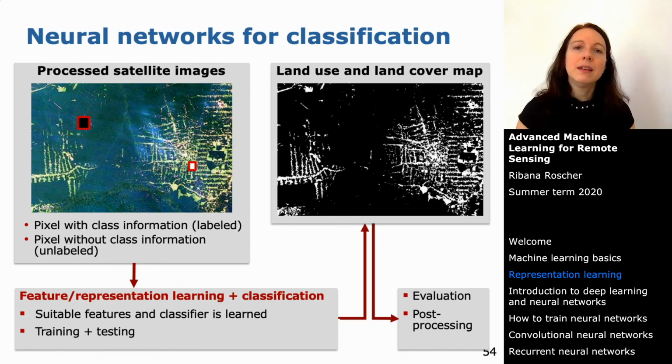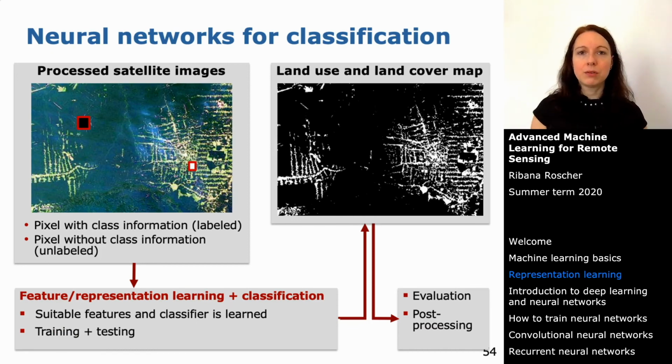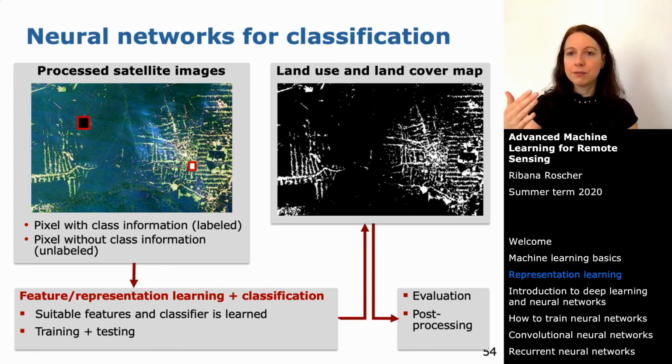So here you can see what the pipeline for supervised classification looks like when you use a neural network. You have, for example, a processed satellite image, and you have labeled data, in this case for 2 classes. Now you just use the data as it is and feed it into a neural network, and in the neural network a suitable data representation is learned, but at the same time also the parameters for the model, in this case for the classification.